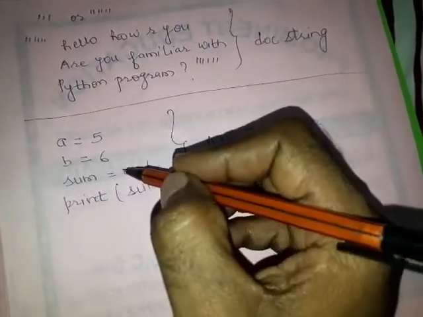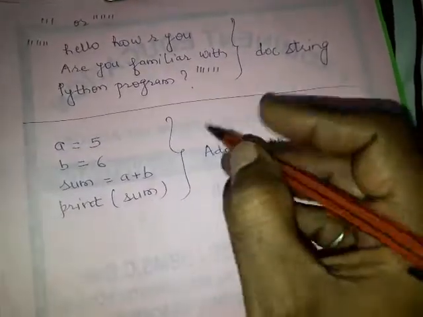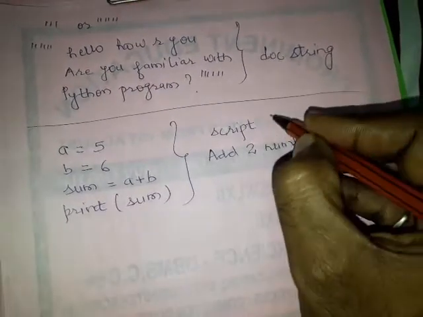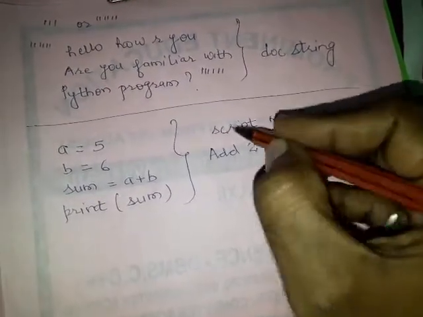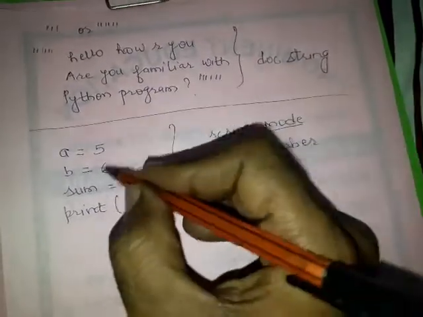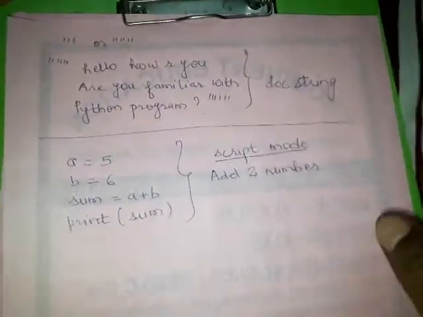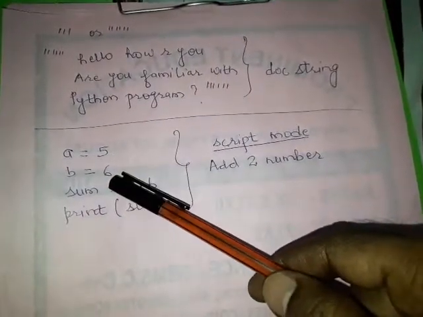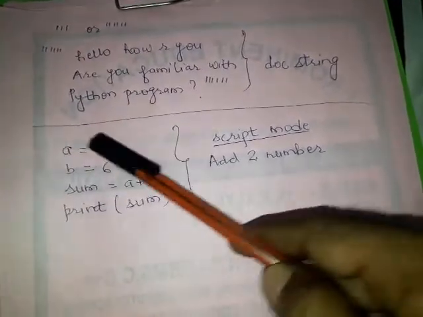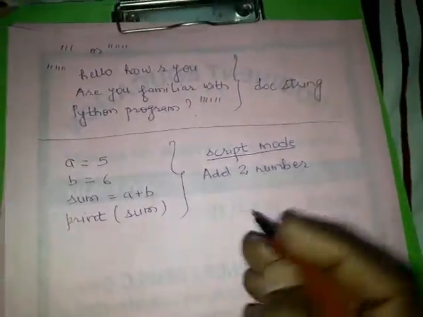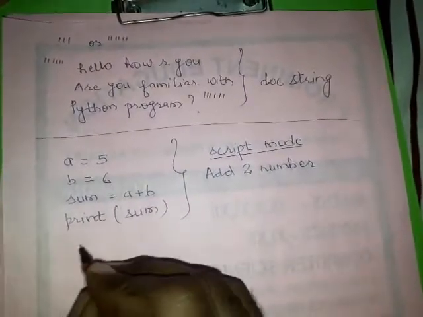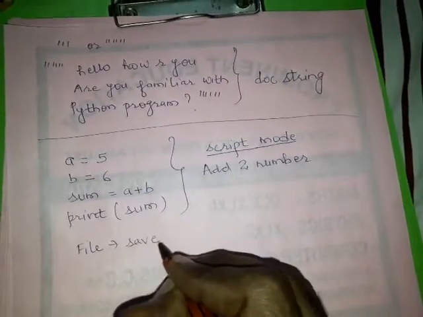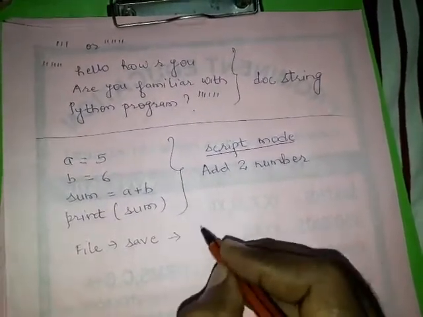To write this code, first of all you have to open Python in script mode. In script mode you can write multiple lines, and then after saving these lines you can execute it. Whenever you write these 4 lines in script mode, then in the file menu save the file and give the name of the file.